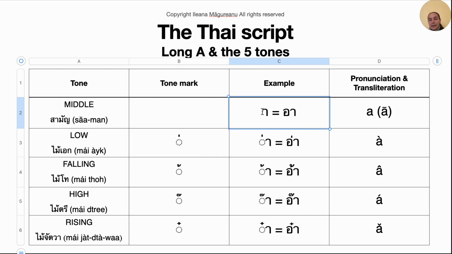Here we have the long a, which can never be alone, preceded by this silent ang.